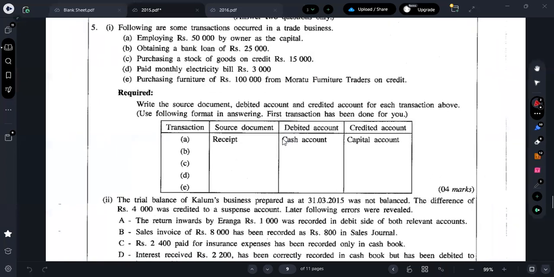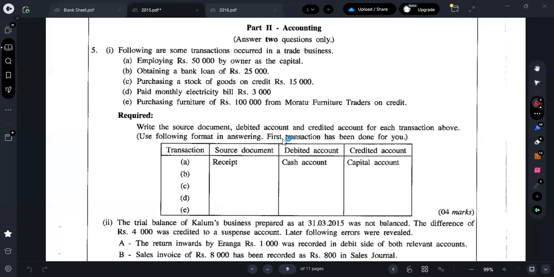Okay, guys, our plan is to complete the accounting part today. I'll not go fast today. I'll take some time and explain the accounting section, because in business studies, of course, they can give you all new types of scenarios and quiz you. But in accounting, they can't do anything, guys. The same theory part will be repeated again and again with different values.